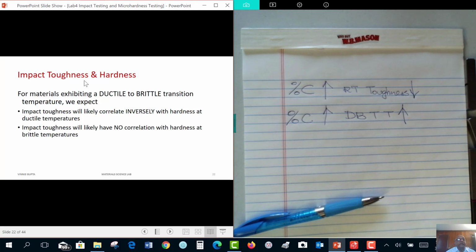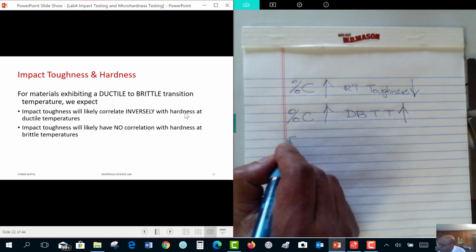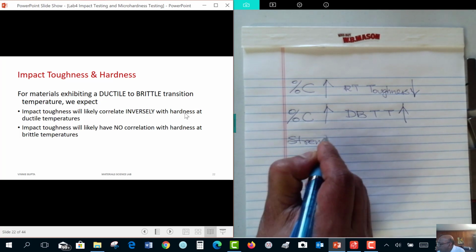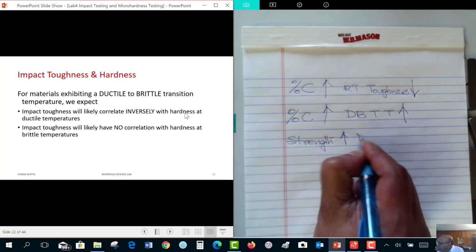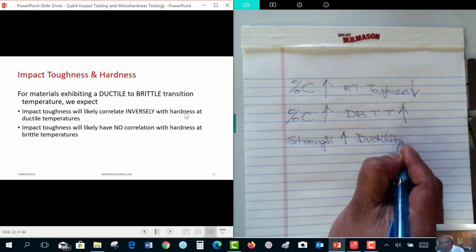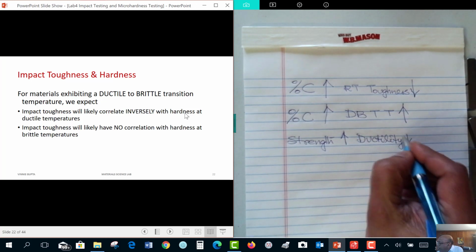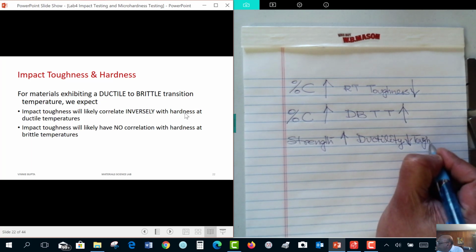Now we are going to measure impact toughness today, and we are going to measure hardness. For materials that are exhibiting ductile to brittle transition, of course, we are going to measure impact toughness at some room temperature and at a relatively very low temperature to see if there is this transition or not. What we are going to see is, of course, impact toughness will likely correlate inversely with hardness, because we know if we increase the strength, typically ductility goes down, and we expect toughness is likely to go down.